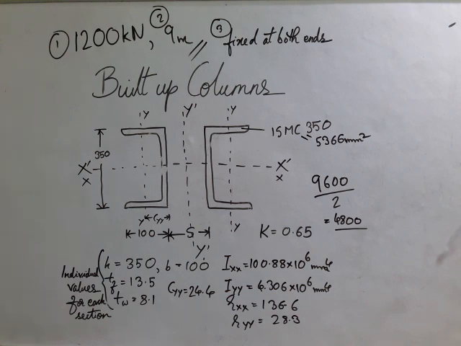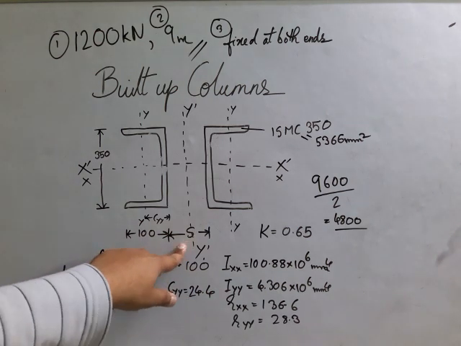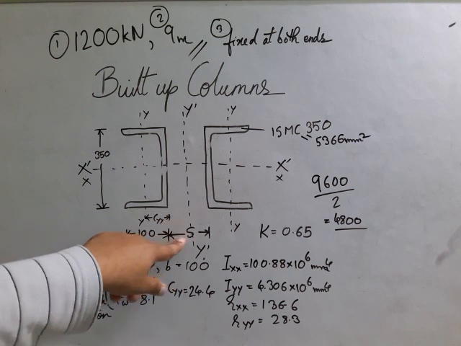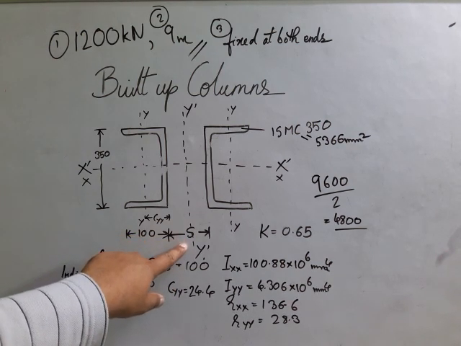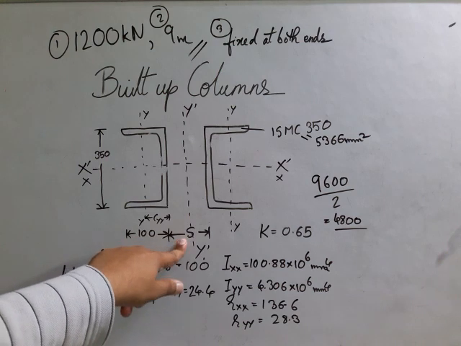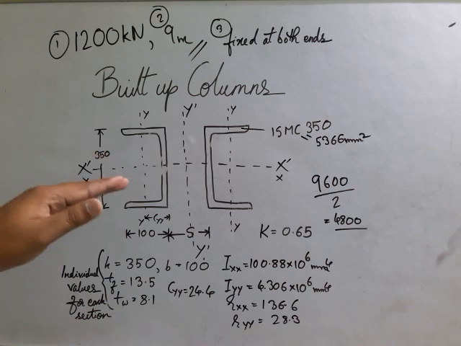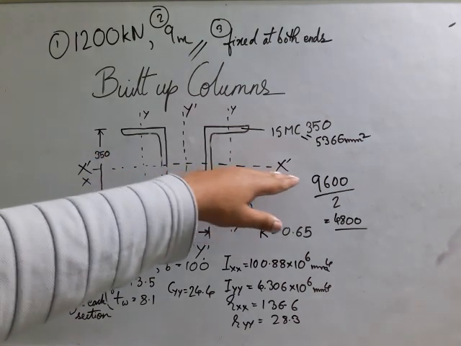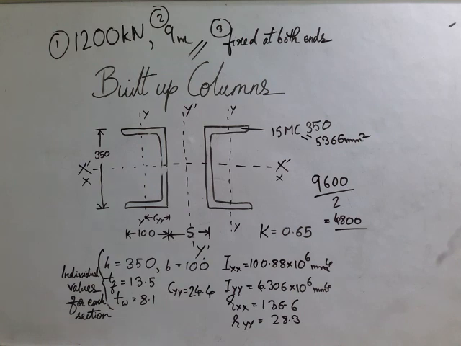We have to use this as a value and play with it such that we get a moment of inertia value which is almost the same in both directions.